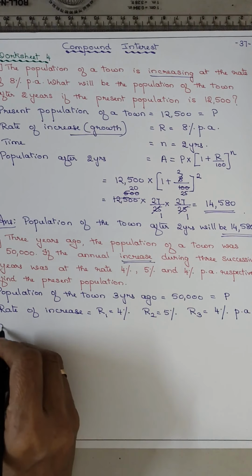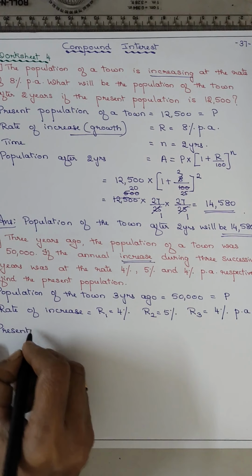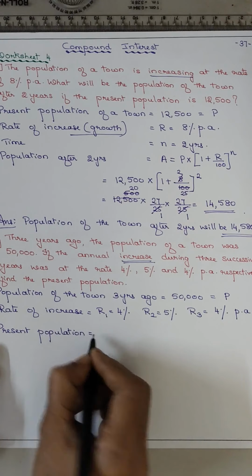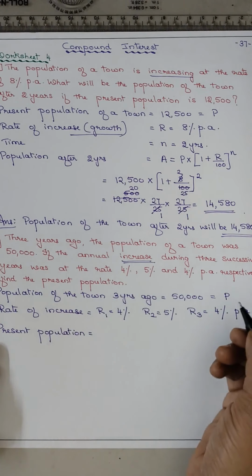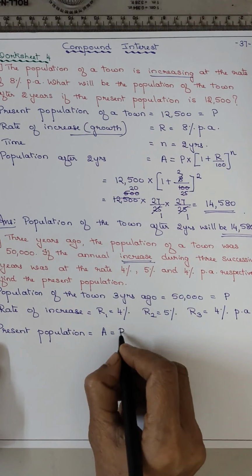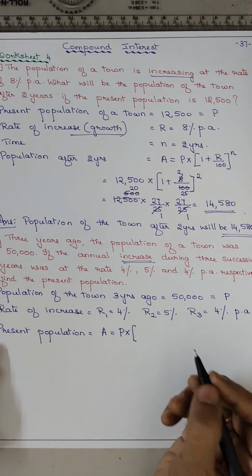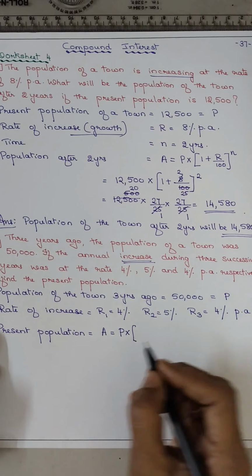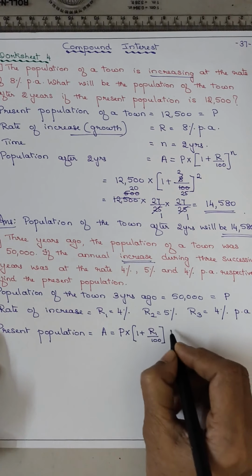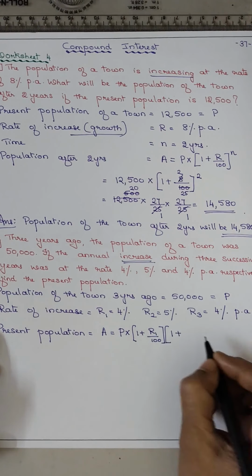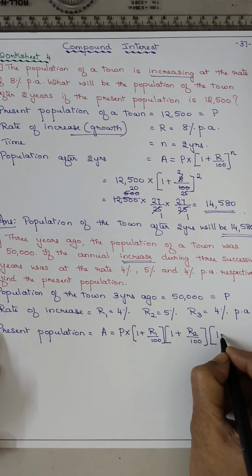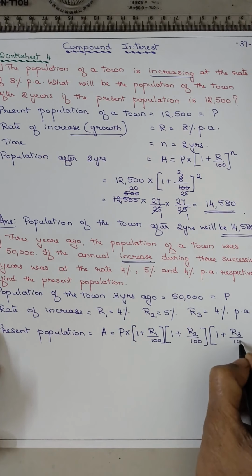Now it is the present population. अभी का पॉपुलेशन कैसे फाइंड आउट करने का? पहले 3 साल के पहले का P है तो अभी का बनेगा A, that is P into अभी. फॉर्मूला कैसे होगा? R1, R2, R3, so P into 1 plus R1 upon 100, 1 plus R2 upon 100, again 1 plus R3 upon 100.